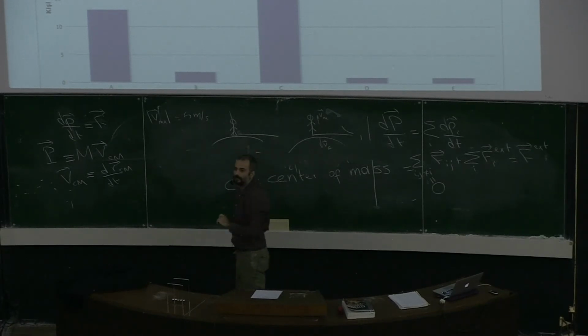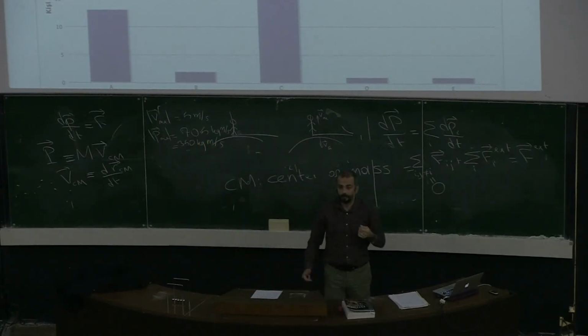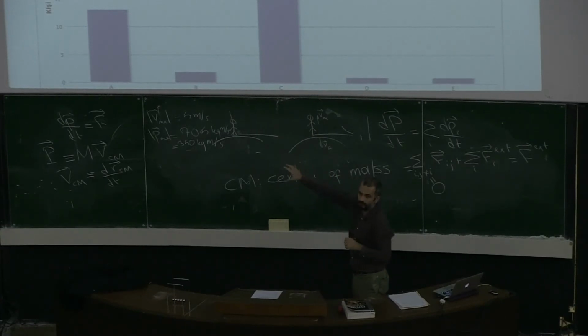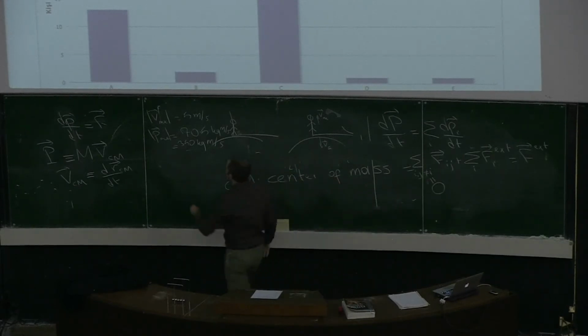I'm around 70 kilos, so my momentum is 70 times 5 kilogram meters per second, 350 kilogram meters per second. That is my momentum. My claim is that the Earth also has the same momentum in magnitude. So Earth has this momentum of 350 kilogram meters per second.